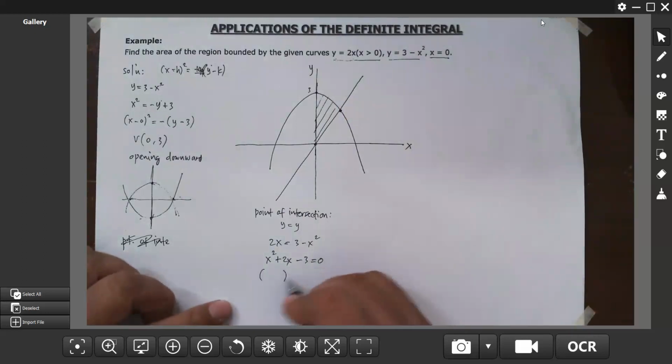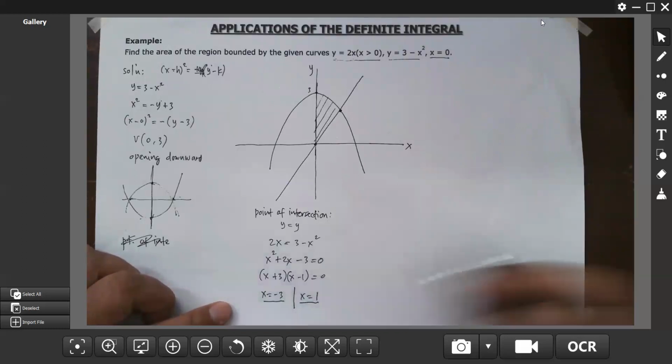By factoring, you have (x plus 3)(x minus 1), or x equals negative 3 and x equals 1.